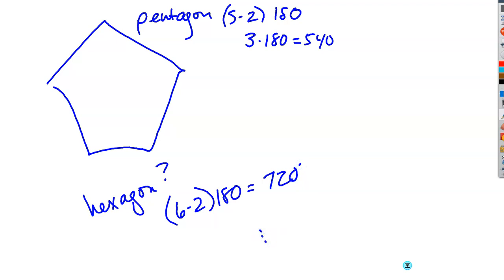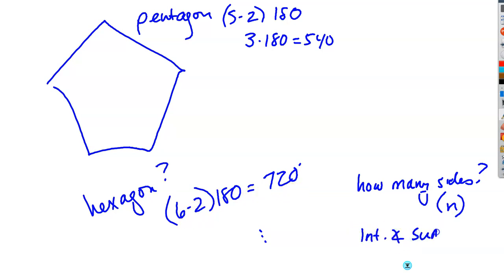So you have to figure out first how many sides, which we call n, and then use your formula to figure out how much the interior angle sum is, right? Like, is it 540 because it was a pentagon? Is it 720 because it's a hexagon? And then you can add things up and plug back in as you need to.